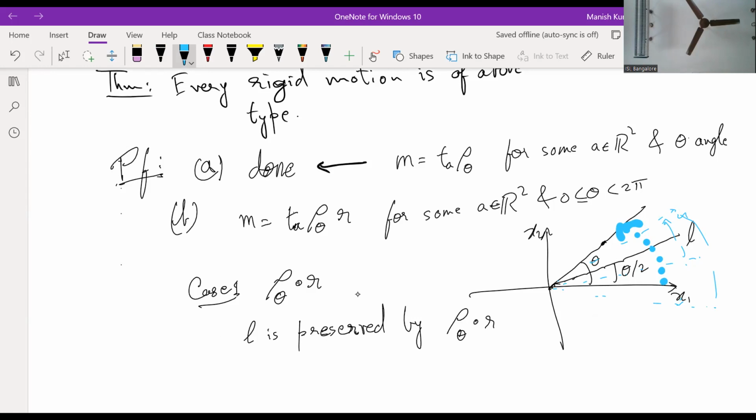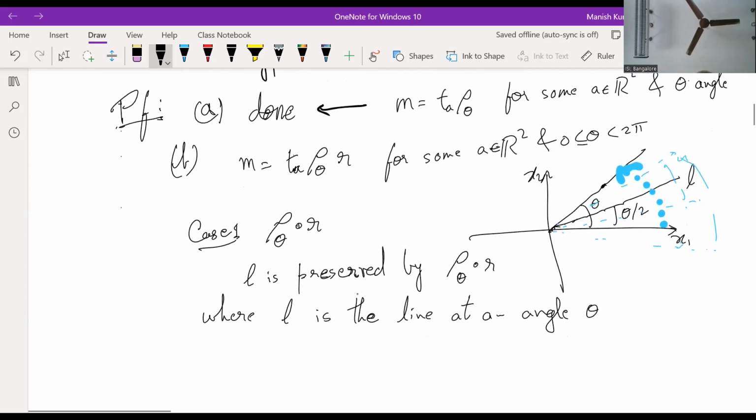Where L is the line at an angle theta over 2 from the x-axis.